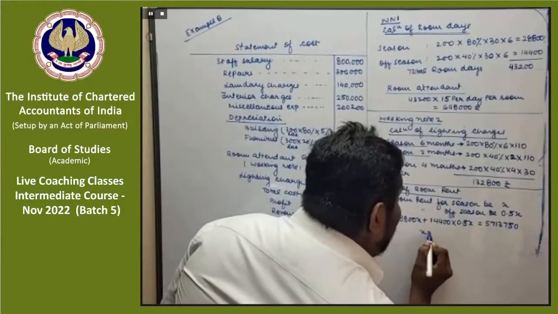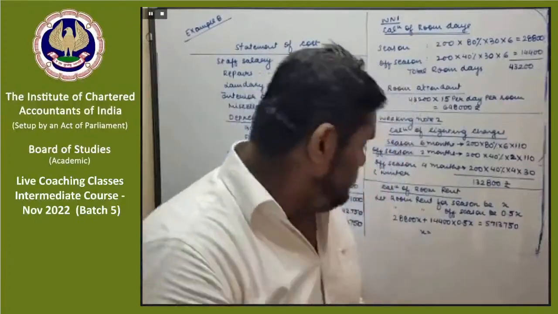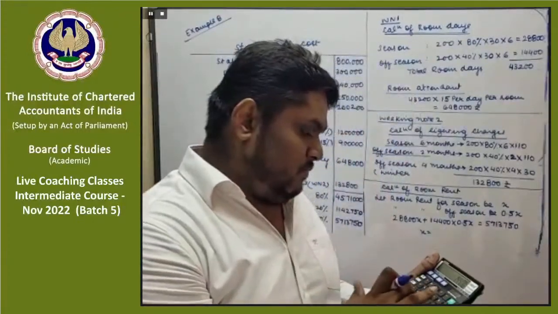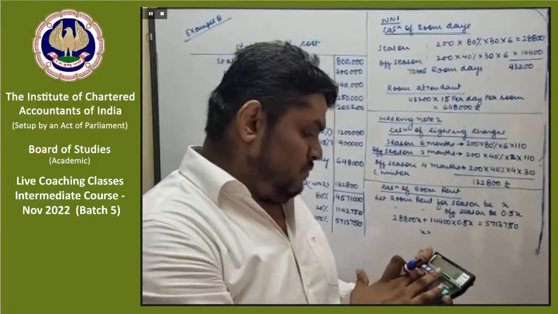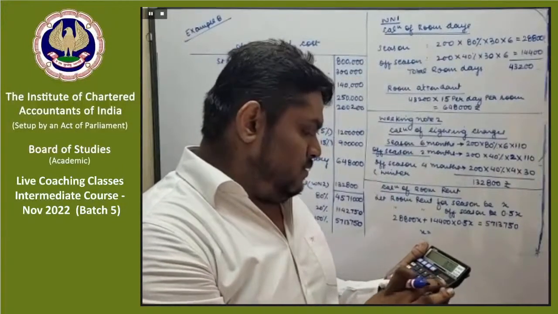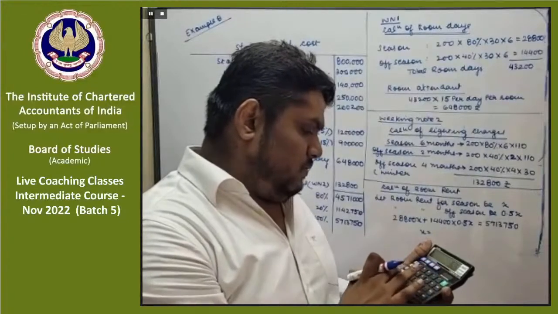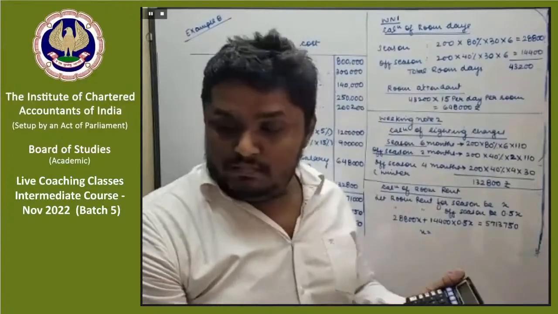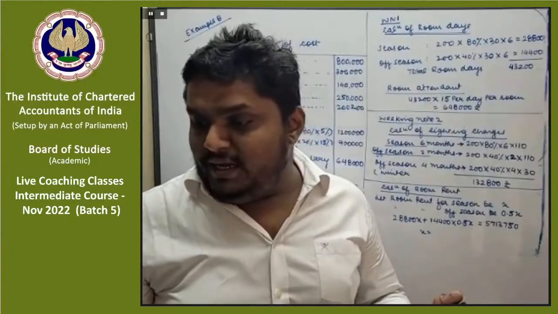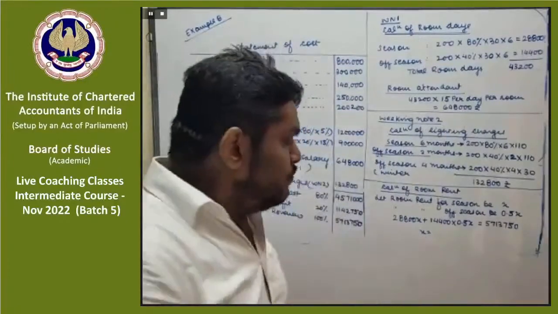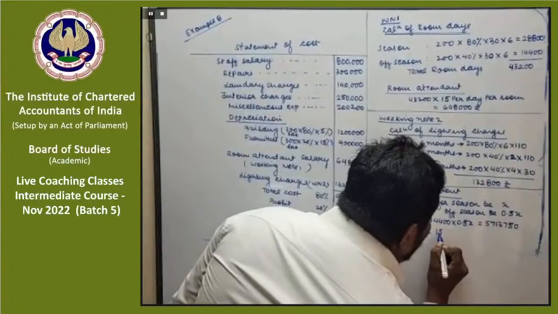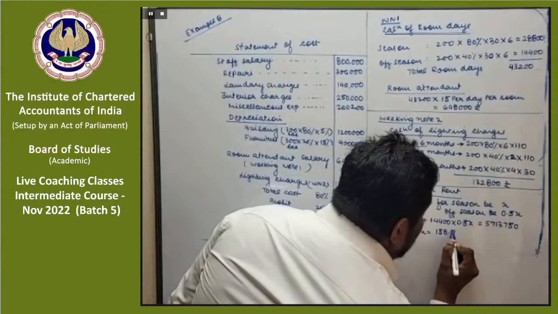So the value of X will be 158.72. Very good, Prabhas. Your answer is correct.